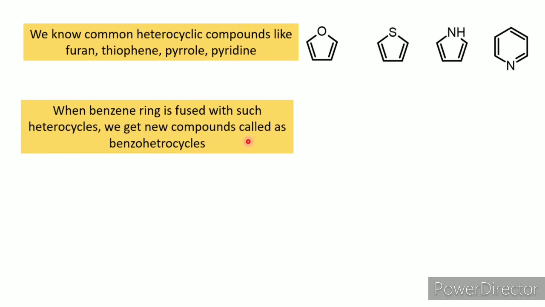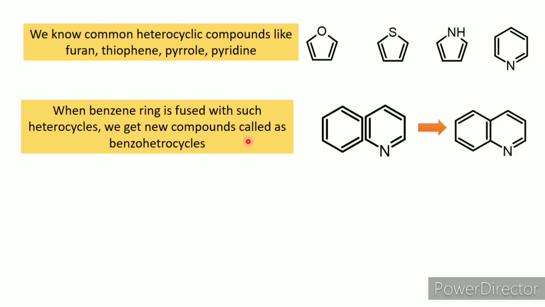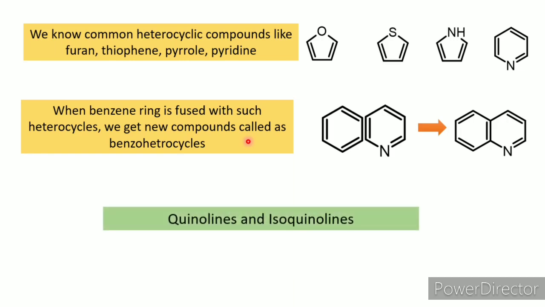When a benzene ring is fused with such heterocycles, we get new compounds called benzoheterocycles. Let's take the example of pyridine. When benzene is fused with pyridine, we get a new compound called quinoline. So in this video, we'll discuss quinolines and isoquinolines and their nomenclature.